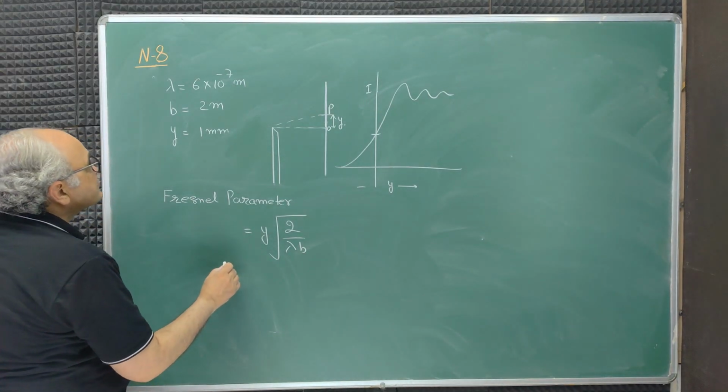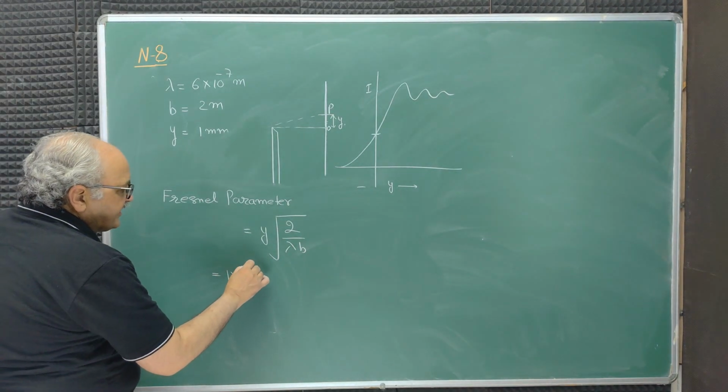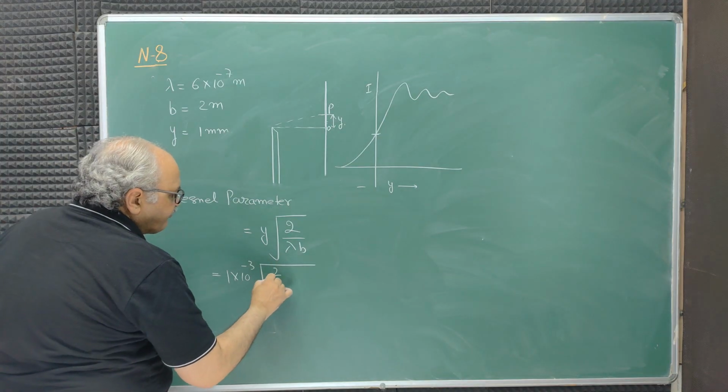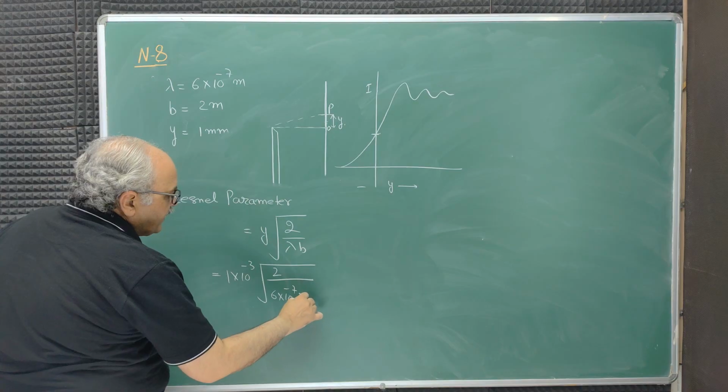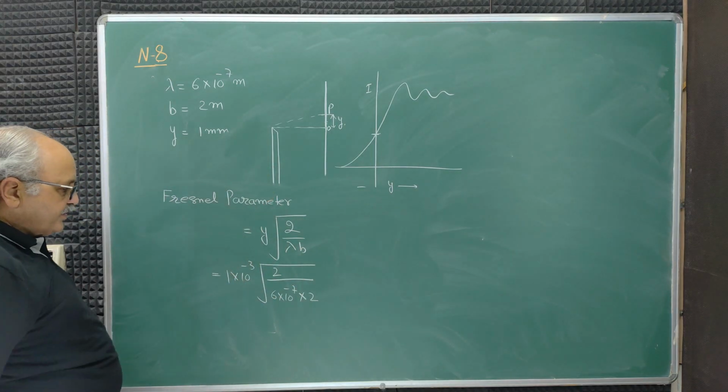This is given to us as 1 millimeter, 1 into 10 to the power minus 3, under root of 2. The wavelength is 6 into 10 to the power minus 7, and this distance b is 2 meter.